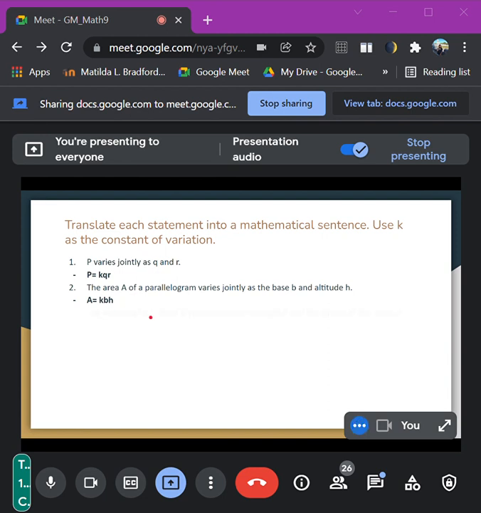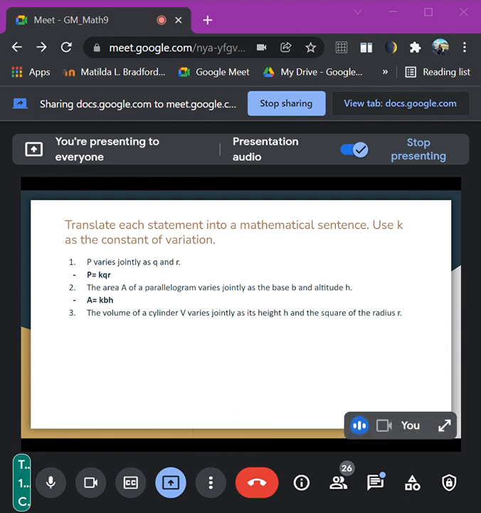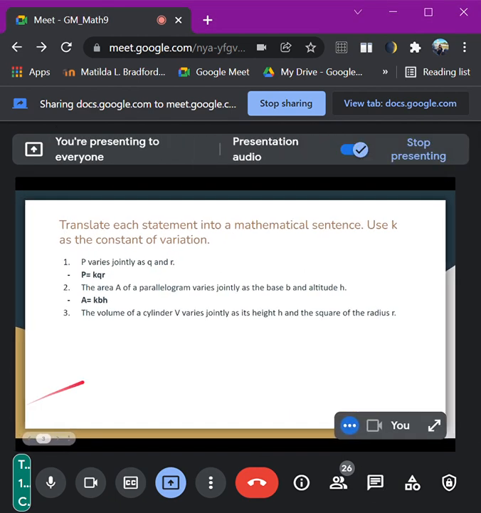Next one. The volume of a cylinder V varies jointly as its height H and the square of the radius R. Okay. So, Janina is best in participation, no? How about the others?